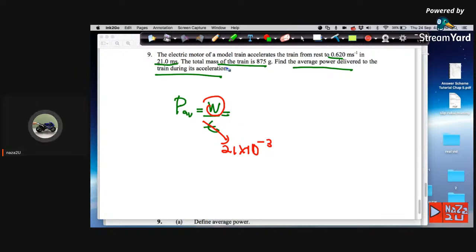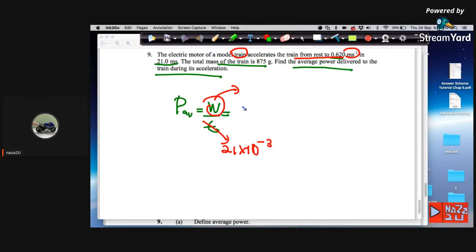Okay, so the work here, because the train accelerates from rest to 0.620 meter per second, the work ataupun kerja yang ada kat sini merujuk kepada tenaga kinetik yang digunakan untuk menggerakkan jasad yang bergerak pada kelajuan yang diberi kat sini.